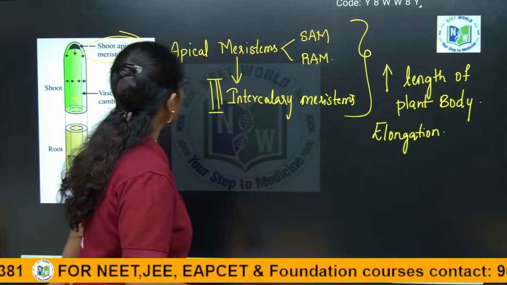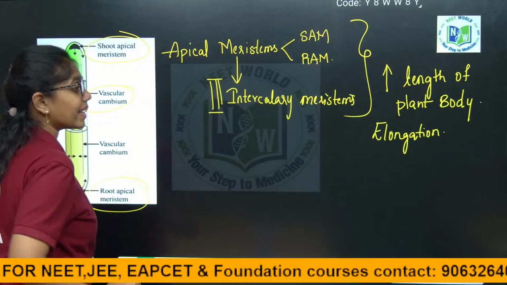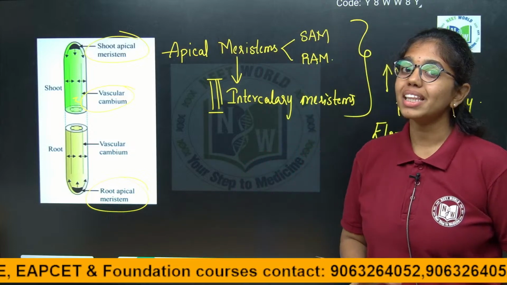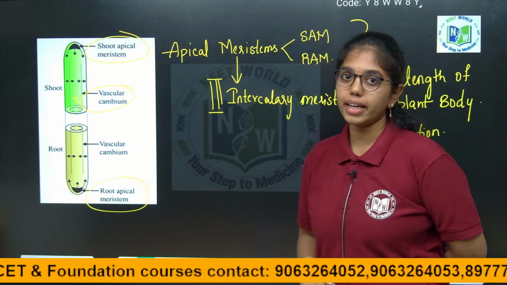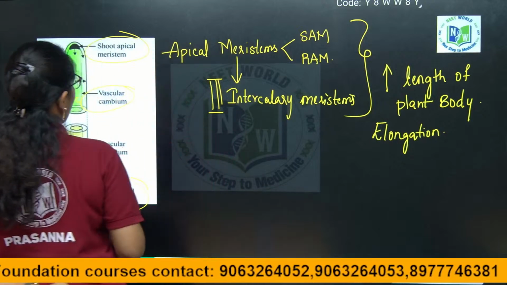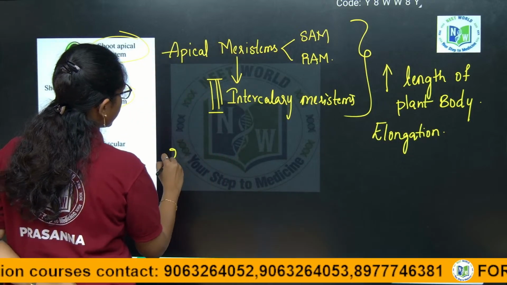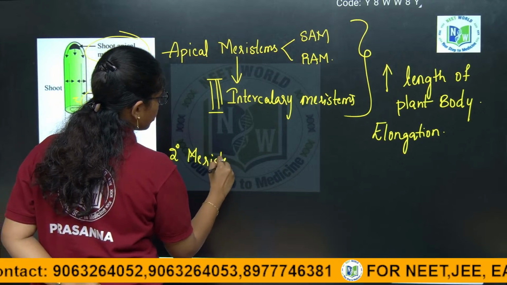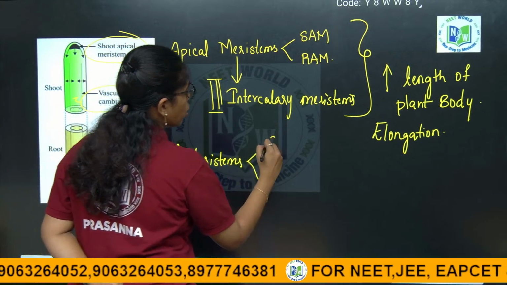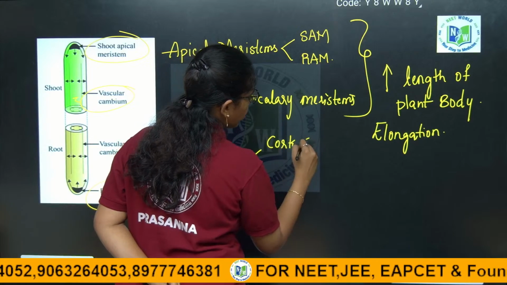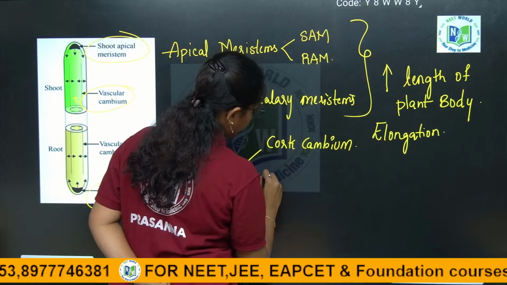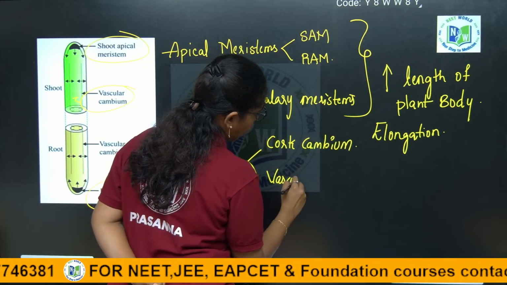Clear? Next, when it comes to vascular cambium in the stellar region or cork cambium in the extrastellar or cortical region, what are the secondary meristems that you see? One is cork cambium and the other is vascular cambium, we have learnt in anatomy, right?